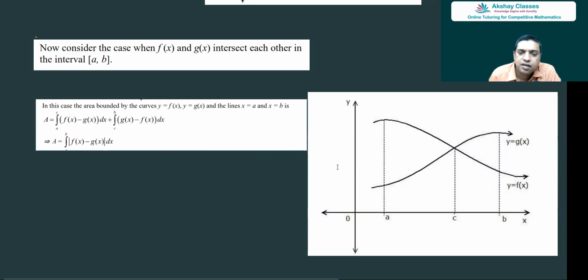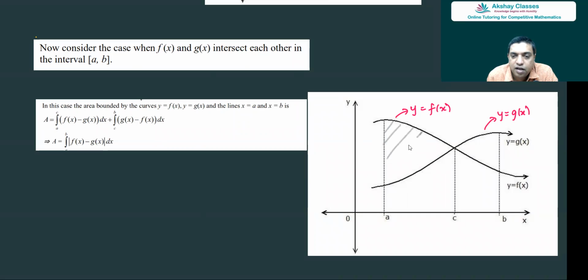This is y equal to f of x, and this curve is y equal to g of x. In this particular region, f of x is greater than g of x. And in this particular region, g of x is greater than f of x. So we split this to find the area bounded between the curves from A to C and C to B.